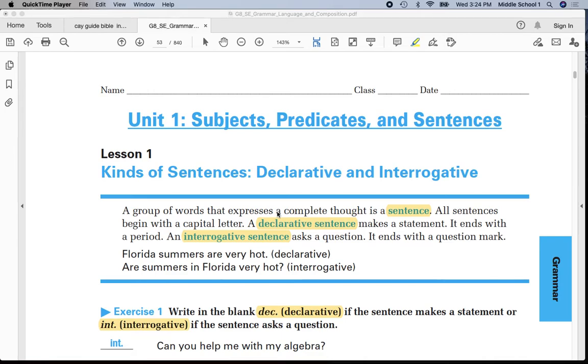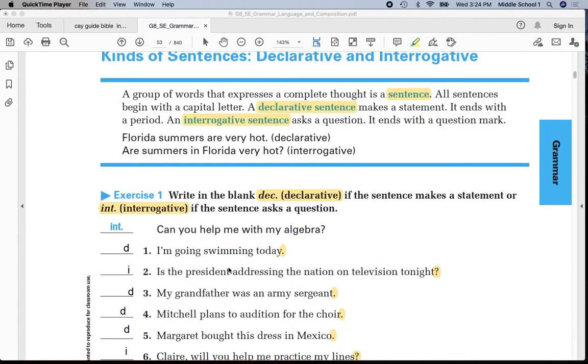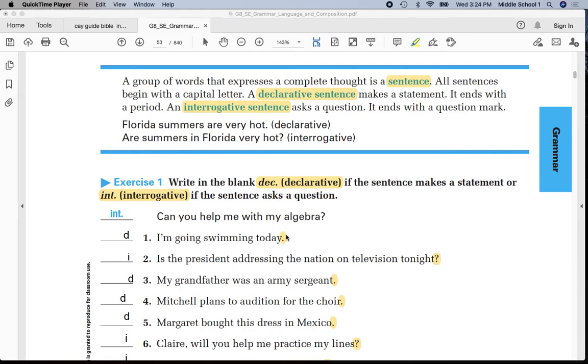A group of words that expresses a complete thought is a sentence. In the first lesson, we want to be reviewing the difference between a declarative and an interrogative sentence, and this depends upon the punctuation that's at the end. On this page, what we need to do is take a look and see whether or not that end punctuation is a question mark or a period.